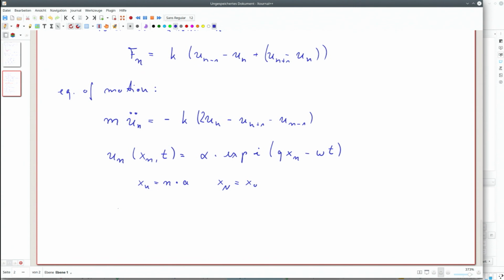So, like before, we take the time derivative. Basically, each time derivative gives the factor minus i omega here.